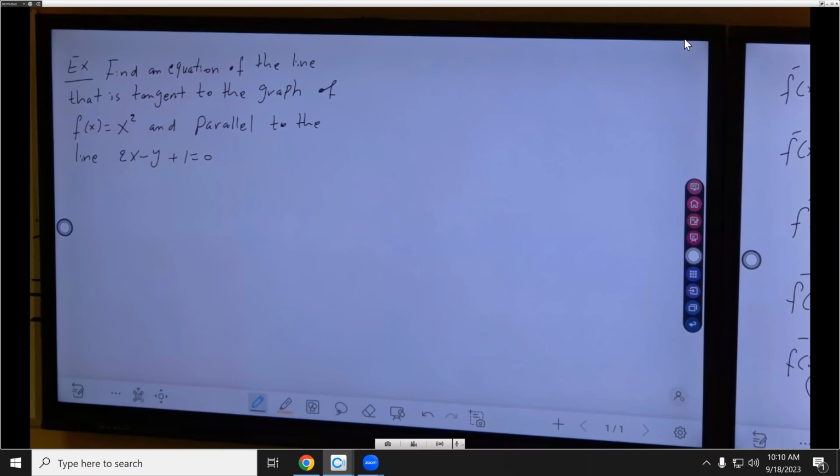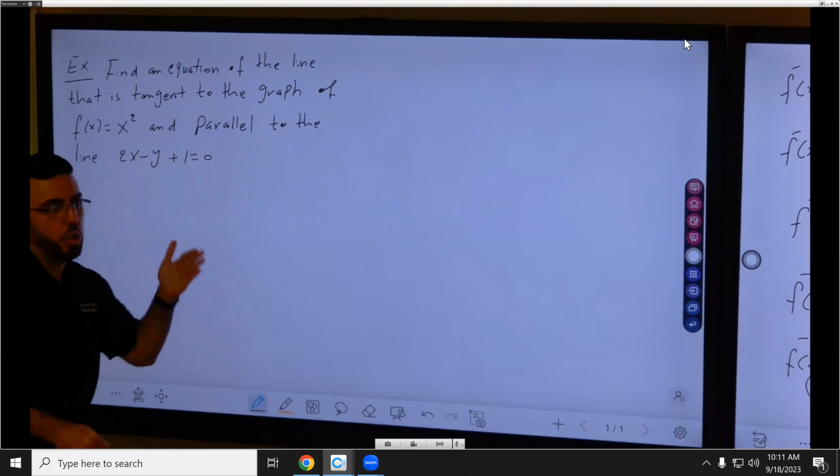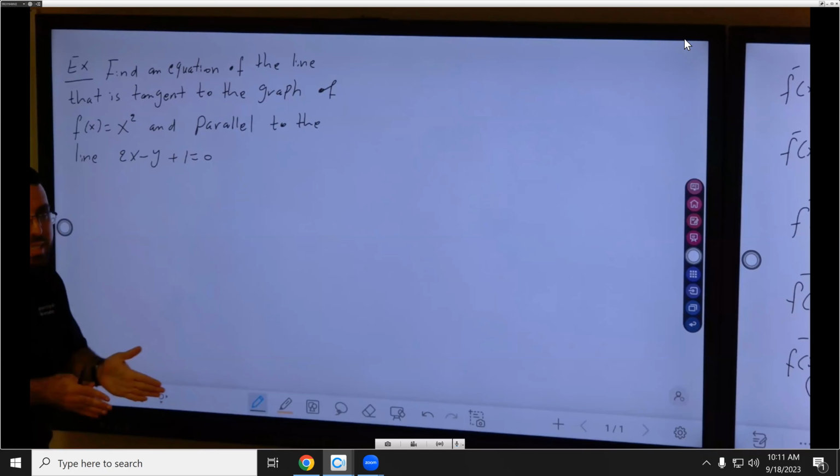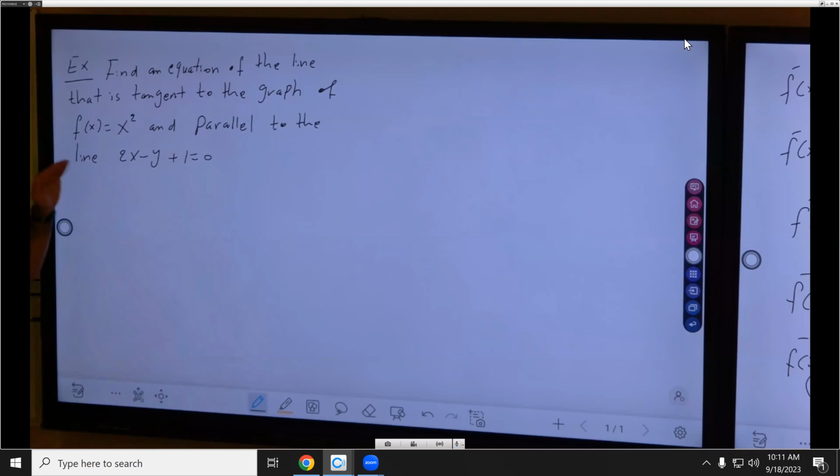Do we have a point? We don't have a point, because which point are you going to use? The graph is tangent to a line parallel to this line. So which point? That's the main thing. Which point is tangent to this graph? That's what we're going to find.